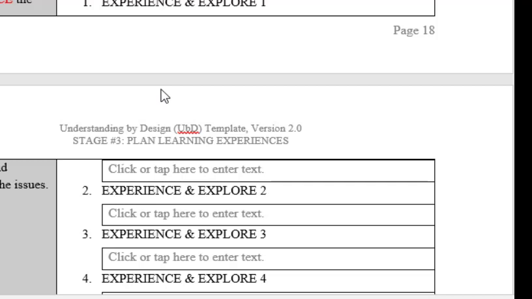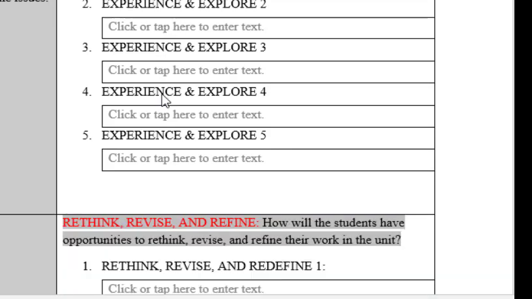So this is basically giving them the right equipment, helping them experience key ideas and explore the issues. So in this, it would be something such as a research project where they're doing the exploring, where they're trying to find out information on their own, they're uncovering their own information, and they're finding out for themselves so that they're equipped to understand the information that you're trying to get across to them.